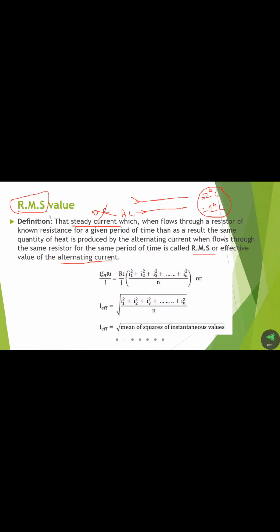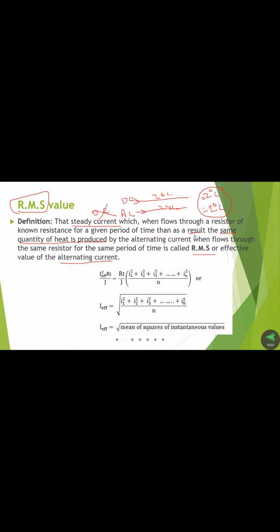According to the statement, when a steady current flows through a conductor or wire for a given time period, the same quantity of heat is produced as by the alternating current flowing through the same conductor or resistor for the same period. The time period should be the same. For example, here we take 2 seconds, and there also 2 seconds, where DC is connected and where AC is connected. Whatever the supply connected for a given specific time, the same amount of heat is produced.